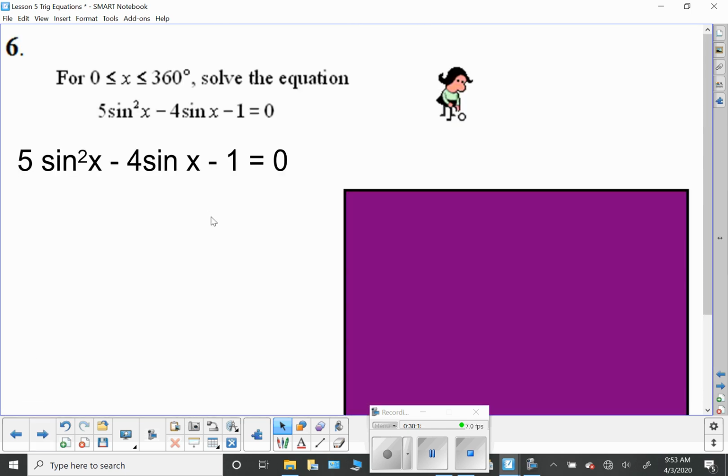Okay, ooh, what about this one? Are there any factors of -5 that will add up to -4? Pause the video and work it out. And again, instead of 0 to 360, do 0 to 2 pi.